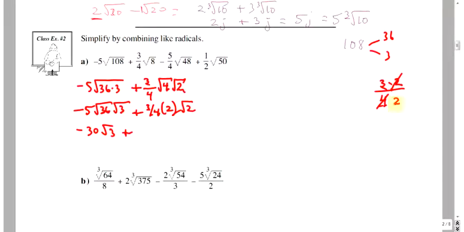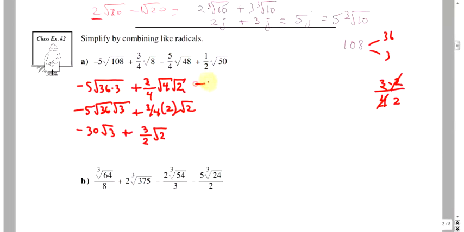Okay? Everyone see that? So I have 1.5 root 2's. Can I add root 3's and root 2's? No, that's a different radicand. But that's what I got. Okay? Don't assume you can add all 4 of these guys and collect into one thing. It looks like I got 2 different things going on here.